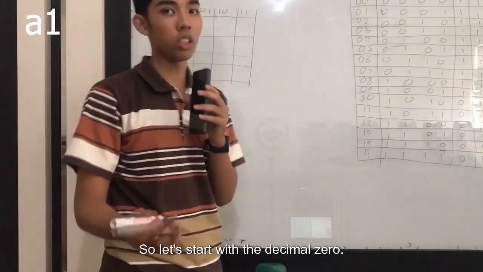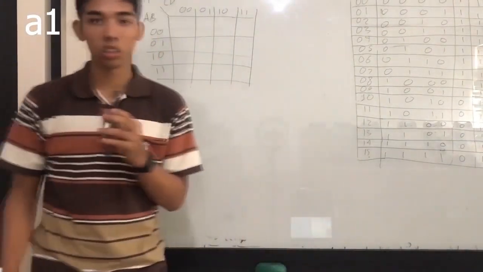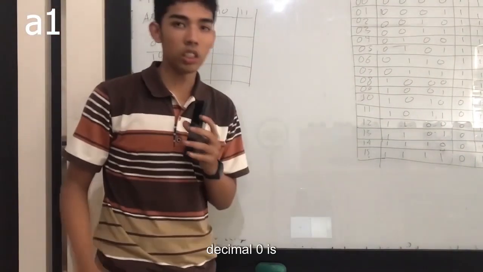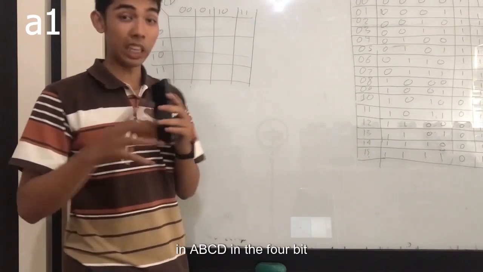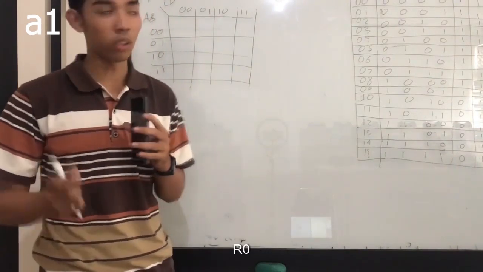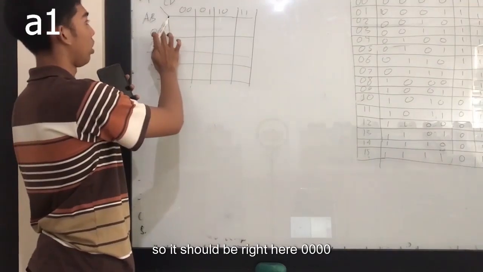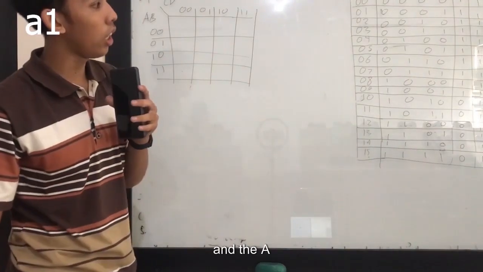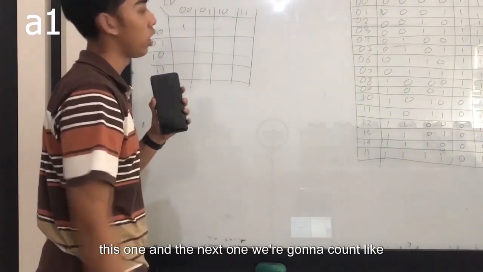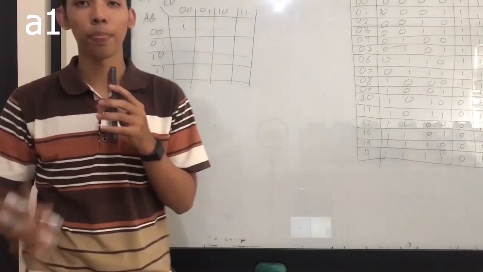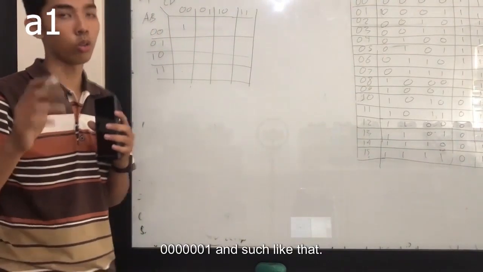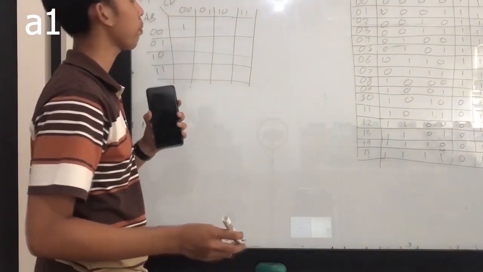So let's start with the decimal 0. The decimal 0 in ABCD, the 4-bit input, is all 0. So it should be right here, 0 0 0 0, and the A output is 1. And the next one we're going to count in binary, so 0 0 0 0, 0 0 0 1, and such like that.